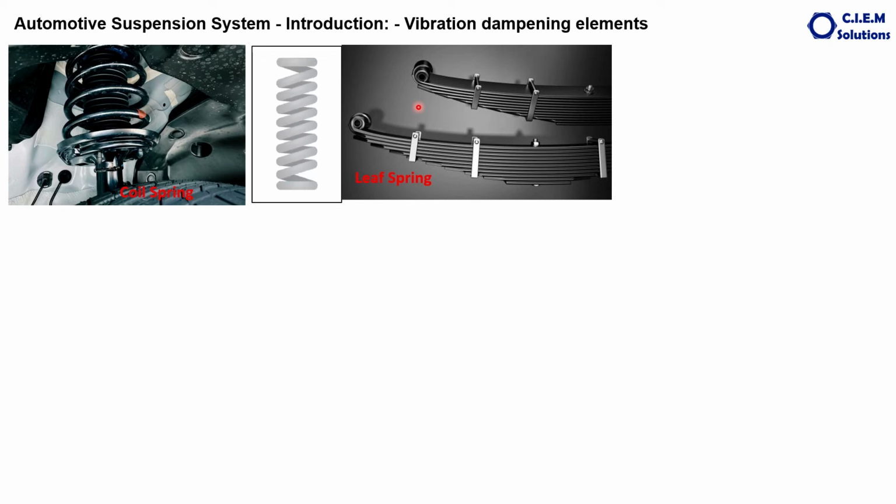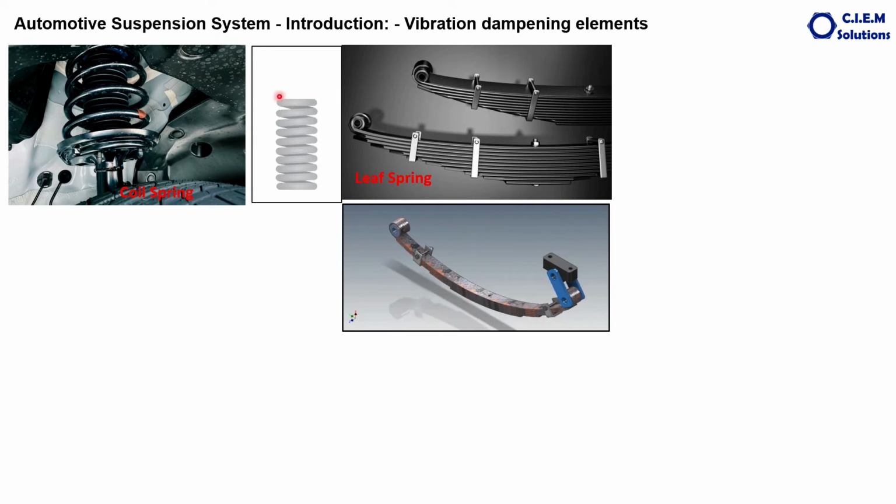This will be used as a set, and when there is a load on the leaf spring, it flexes like this, and during the flexing, energy is stored, the way the energy is stored when the spring is compressed, and the stored energy is released through the bounce back of the spring.